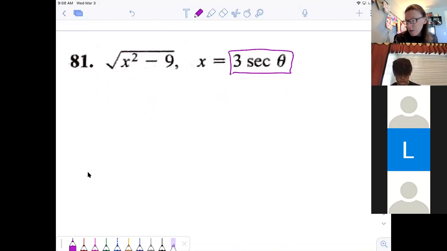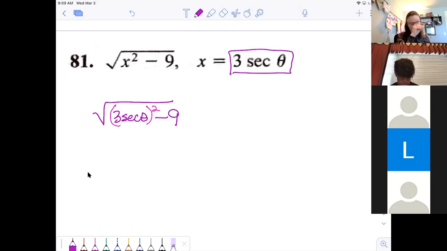Well, trig substitution works exactly like algebraic substitution. If you have an x squared and they're telling you what x is, you replace x with that quantity. So we have 3 secant theta. X is squared, so this 3 secant is squared.